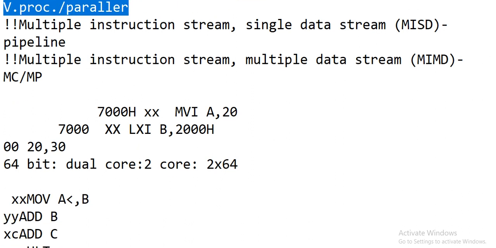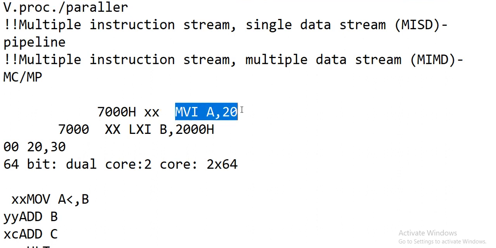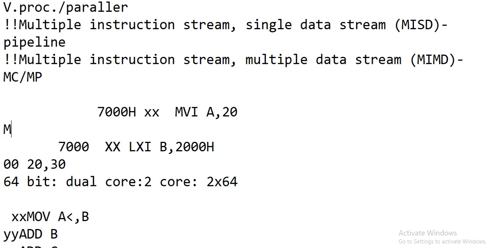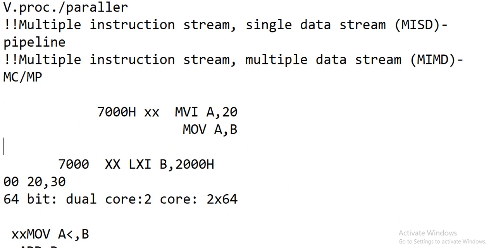Okay, so here we are discussing single instruction stream and multiple data. Assume you have this line of code, this is your code, this is the second line of your code, and then you are again writing add b.